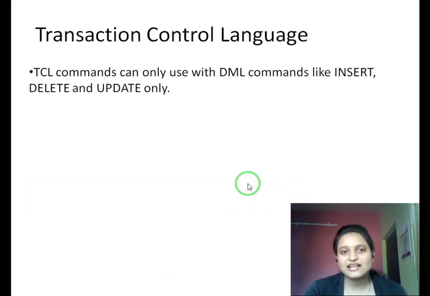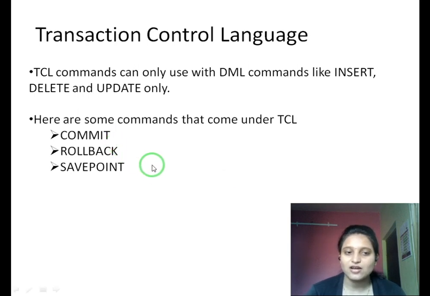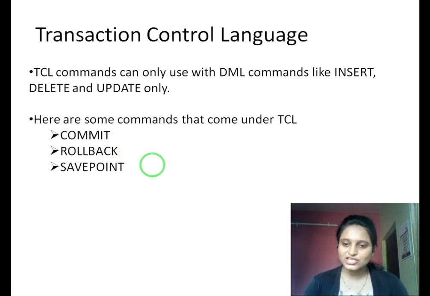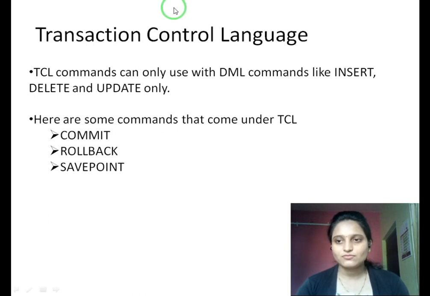Now next is transaction control language. So dear student, transaction commands can only be used with DML commands. In transaction control there are two basic commands, commit and rollback, and also another, savepoint. So dear student, in the introduction to DML, I already told you that DML commands are not saved automatically.